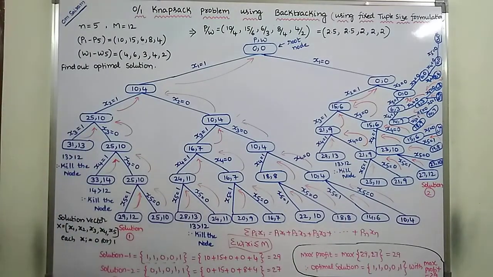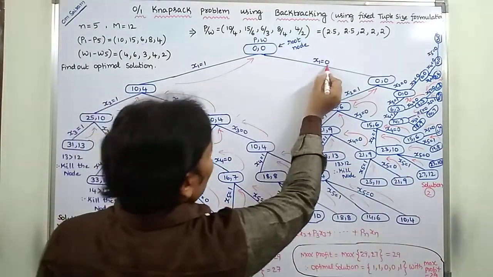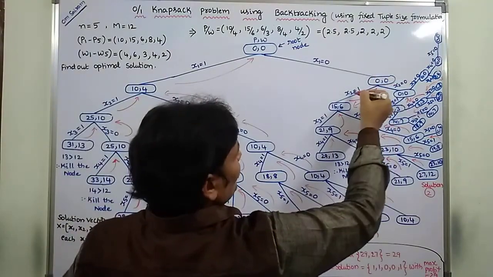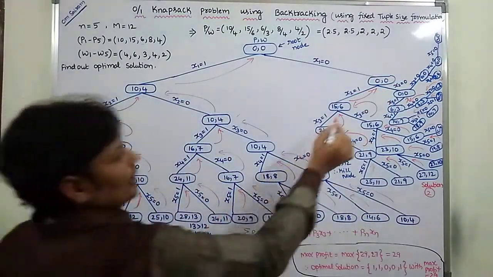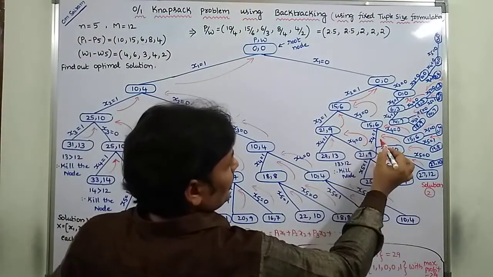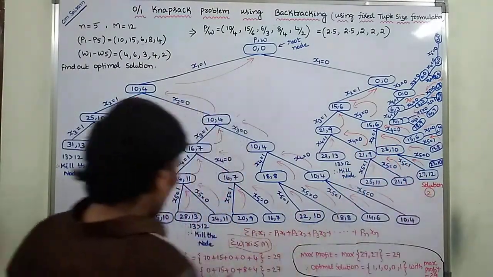Now we go for solution 2. How we are getting? x1 is equal to 0. Next x2 is equal to 1. Now x3 is equal to 0. Now x4 is equal to 1 and x5 is equal to 1.